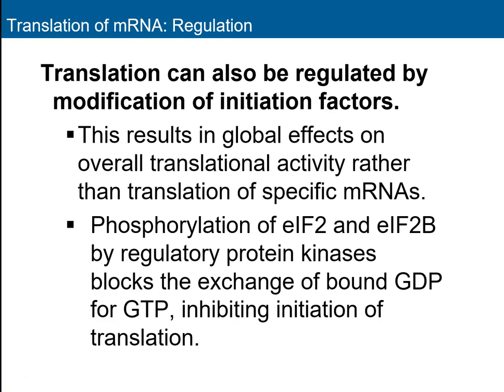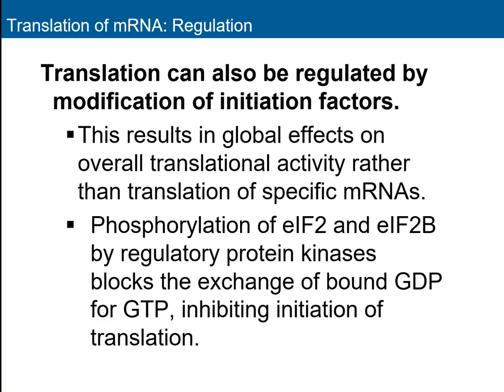Another way in which you can regulate translation. If we back up and take a look at our review sheet, I'm going to keep reminding you to draw your attention to it. On page 1, we're underneath regulation of translation.